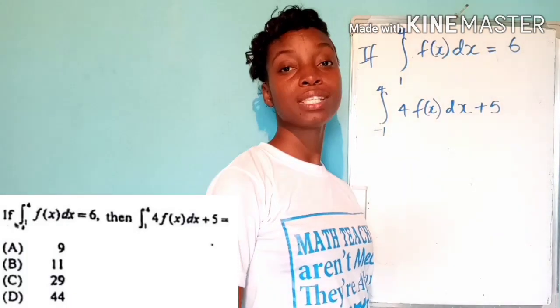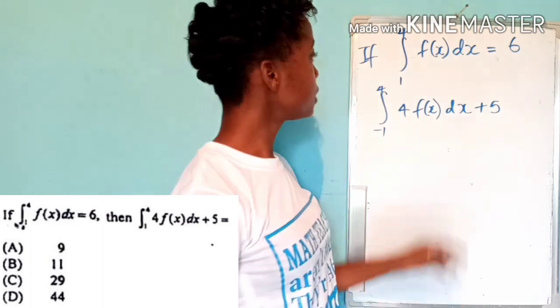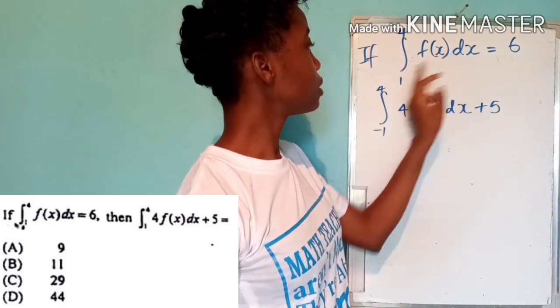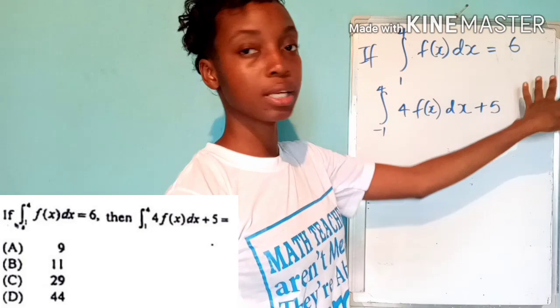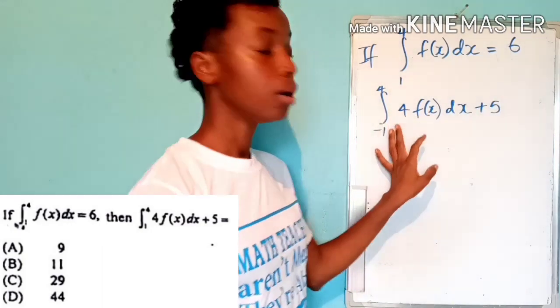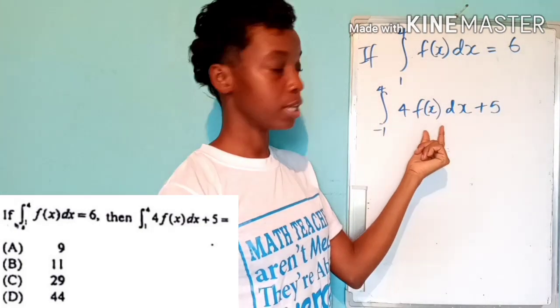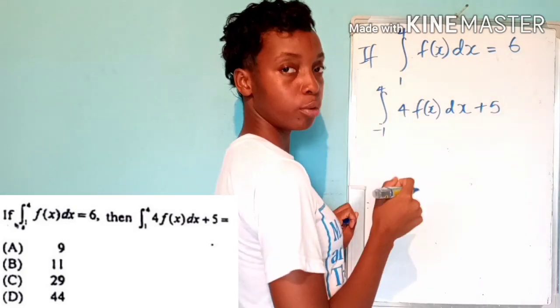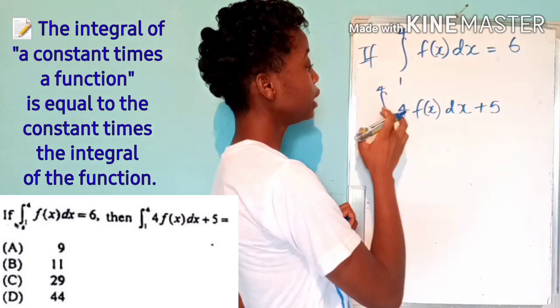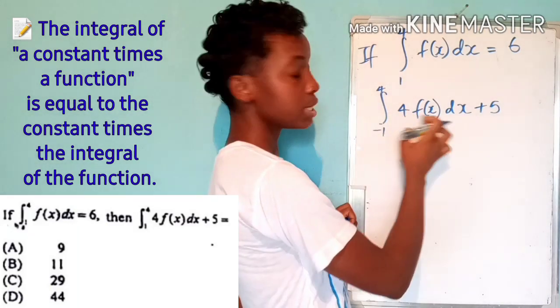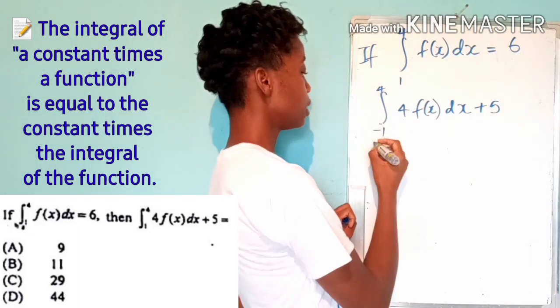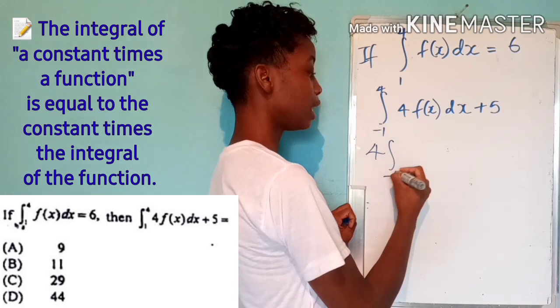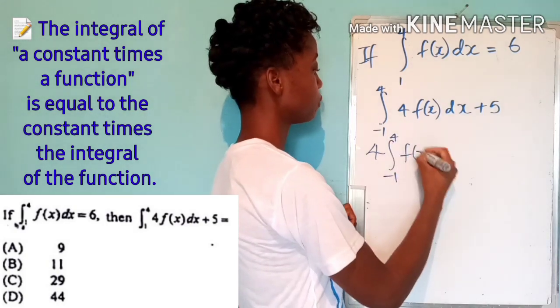Our final question is simple substitution, and it says if the integral of f of x using the limits 1 to 4 is equal to 6, then what is the integral of 4 times f of x using the same limits plus 5? What we need to remember at this point is that the integral of a constant times a function is the same as the constant times the integral of the function itself.